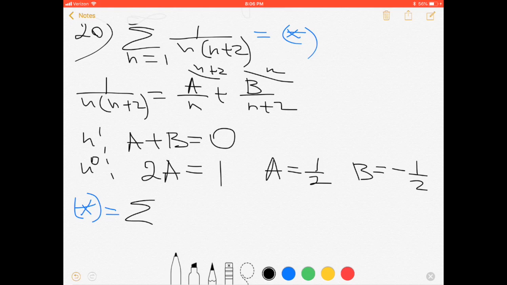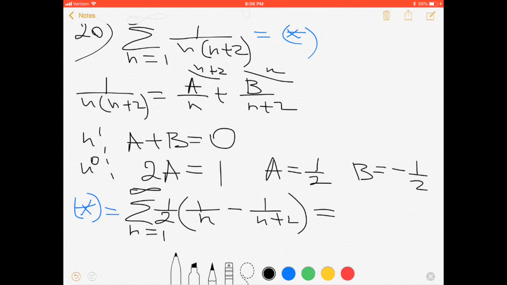I can rewrite this way. It will be 1/2 out and 1 over n minus 1 over n plus 2, where n changes from 1 to infinity.